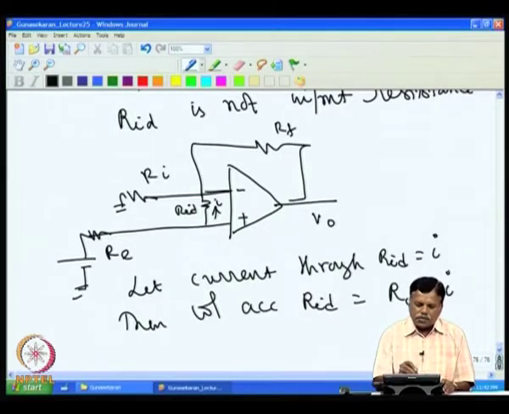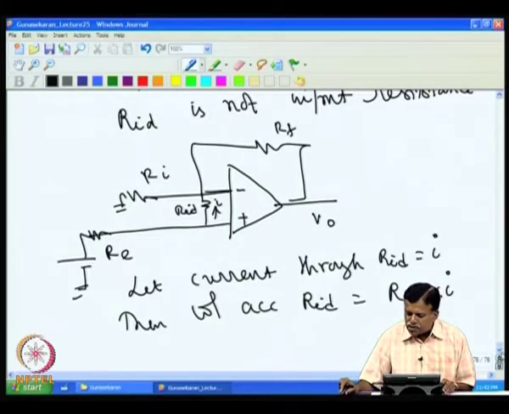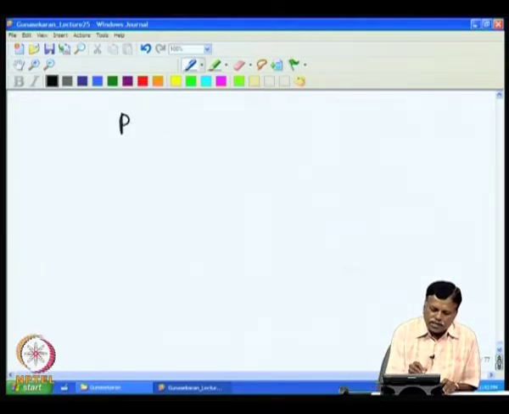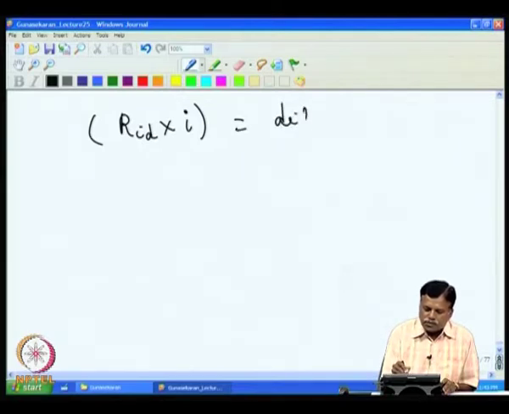So, that is the voltage you get across this, and that is nothing but the difference between plus and minus. So, RID into I is the differential voltage at the input.